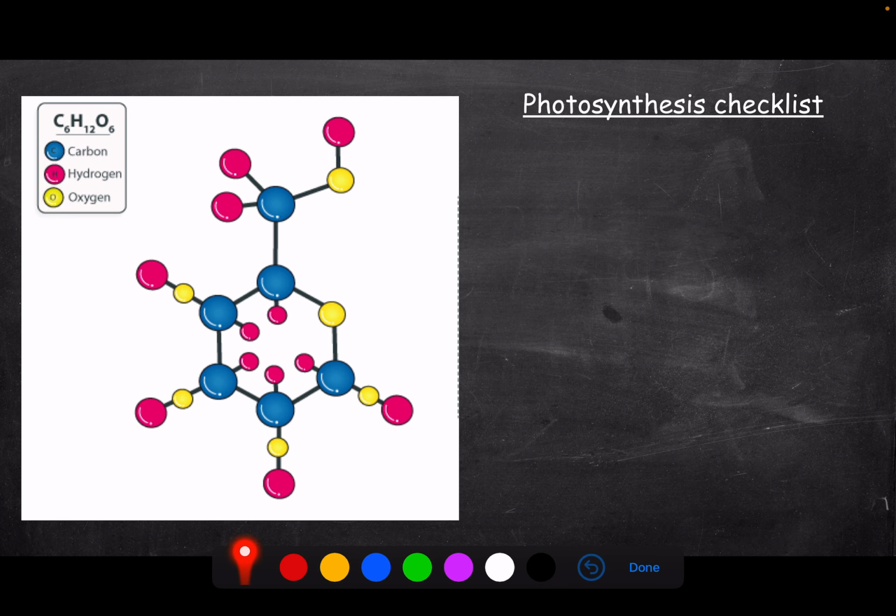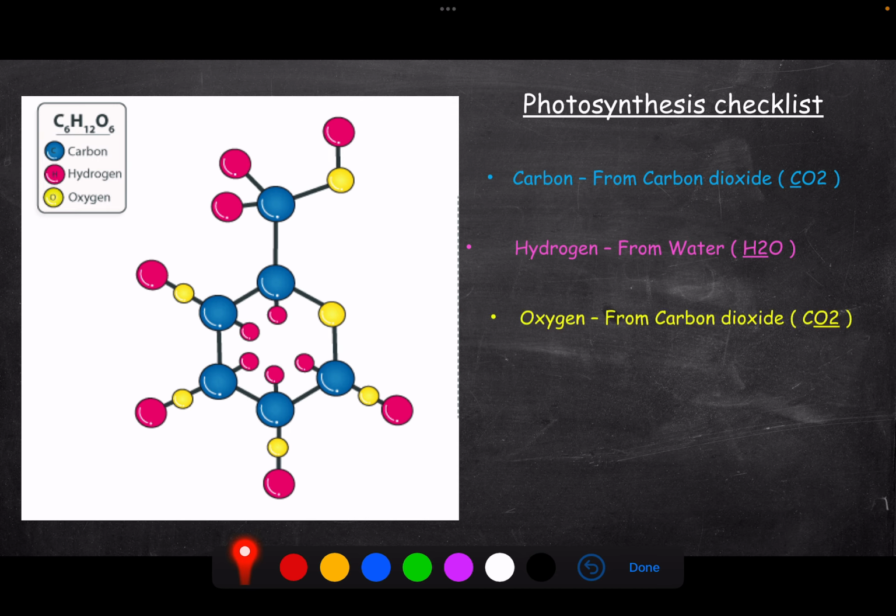It gets the carbon from the carbon dioxide, which it gets from the air. It gets the hydrogen from the water, which it can absorb from the ground through the roots. It gets its oxygen from the carbon dioxide as well. And by now you might have noticed that there's an extra oxygen that is gone unused.